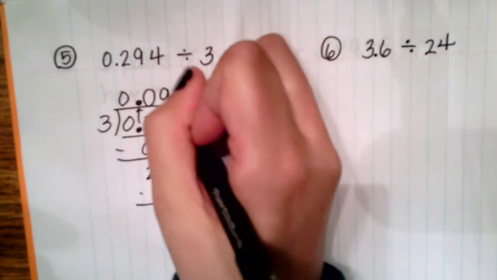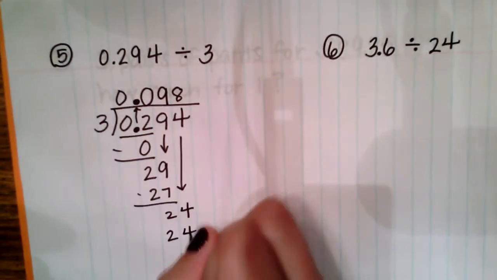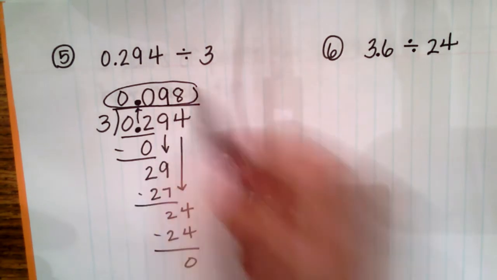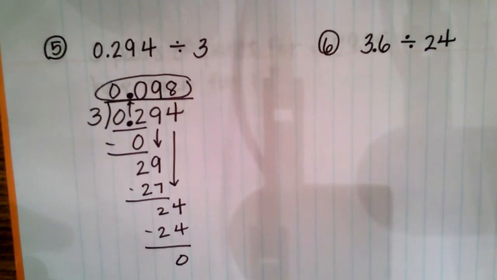And 3 times 8 is 24. So my answer is 98 thousandths.